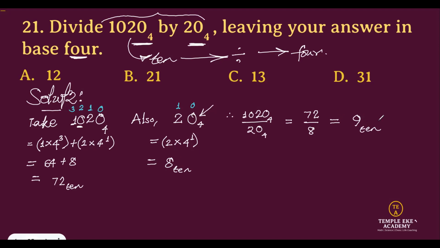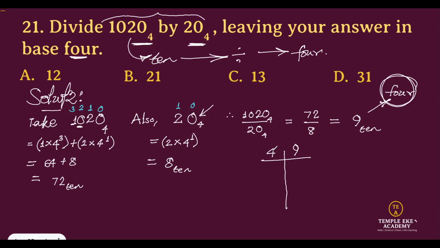And in the final stage, we're going to have to convert 9 back to the base 4. And the conversion from base 10 to any other base is by division, the long division process. So let's get into it. We want to take 9 in base 10 back to base 4. So we're going to write the 9 over there, and the base to which we want to convert, base 4, will be written on the left.